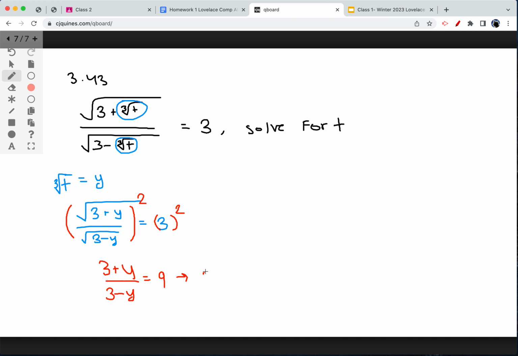And if you solve, this is 3 plus y equals 27 minus 9y. This would be 24 is equal to 10y.